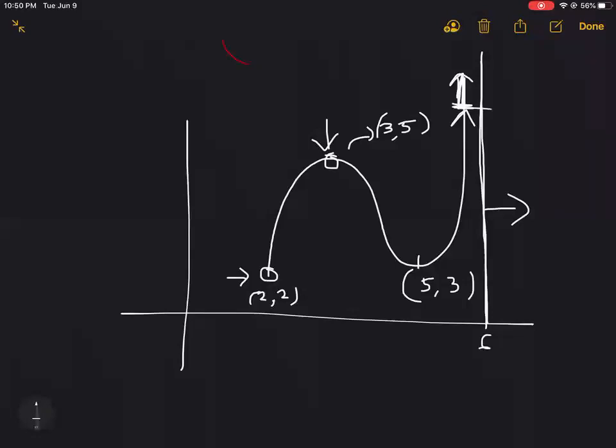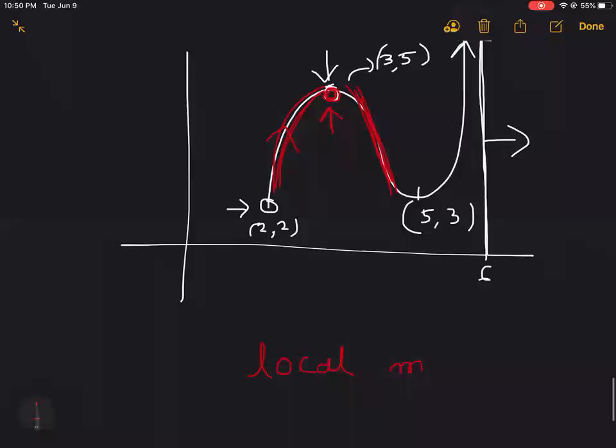At this point, we can see that up to this the function is increasing. After this, we can see this is decreasing. That's all right. But at that very point, you can see the function is not defined. There is a hole here. So that means we don't have a defined value. If we had a defined value, then this would have been the local max. But as we don't have a defined value, we don't have a local max.